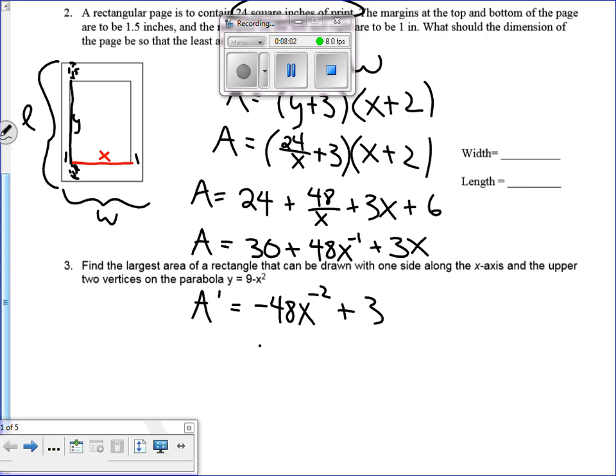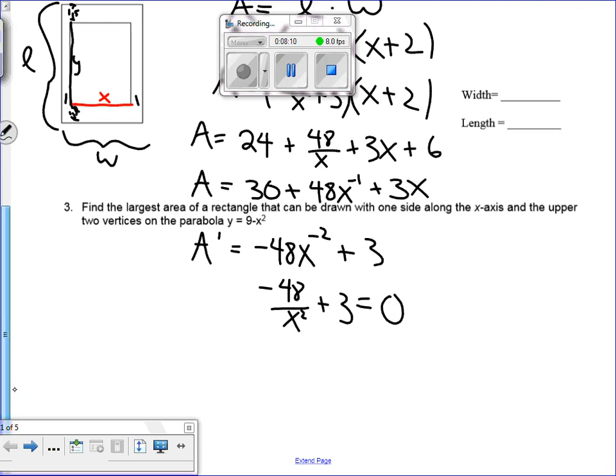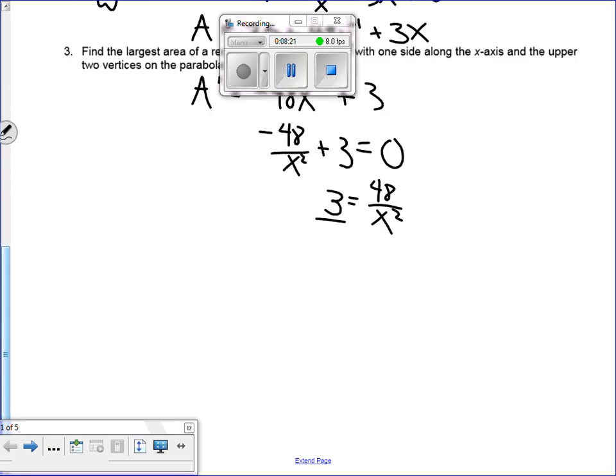So when we set the negative 48 over x squared plus 3 equal to 0, we can solve this by adding 48 over x squared to both sides. So I have 3 equals 48 over x squared. You can then cross multiply, right? So we have 3x squared equals 48.